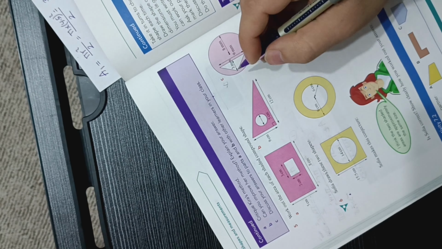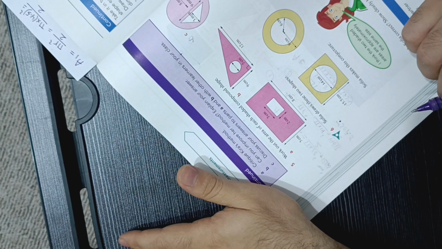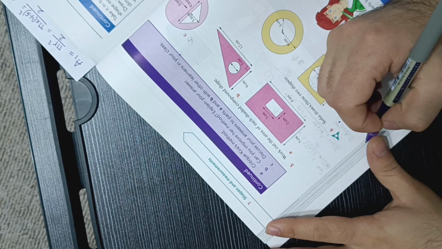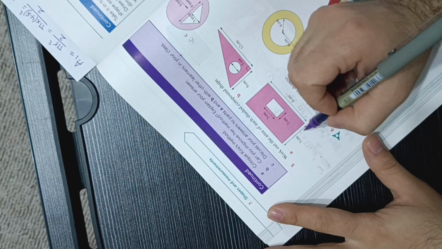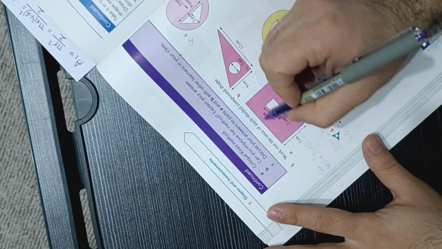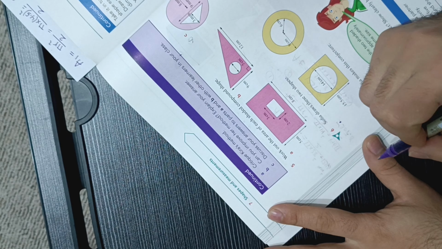So work out the area of each shaded shape. I hope that you can see the paper and the questions, guys. Work out the area of each shaded compound shape. So the first one, we have got a big rectangle and a smaller one, just like a hole inside it.